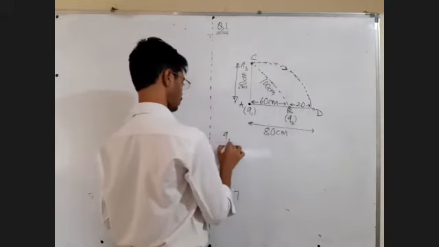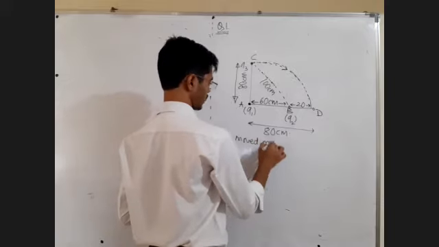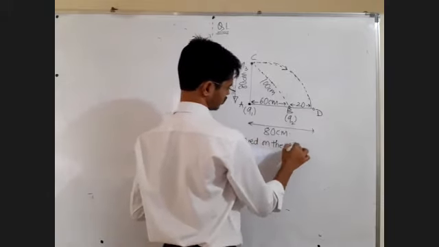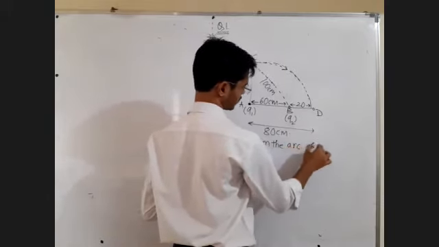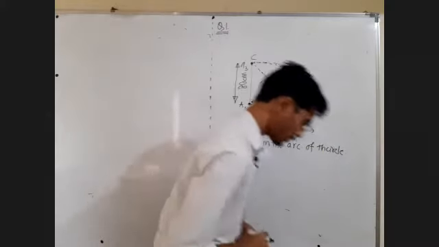Write down: Q3 moved on the arc of the circle. What is asked?